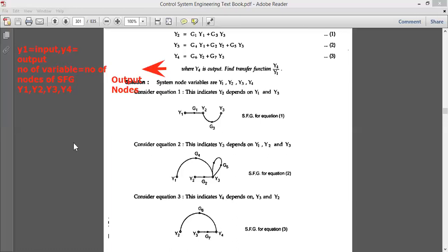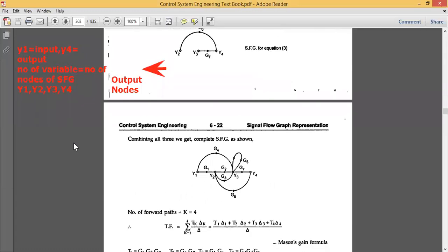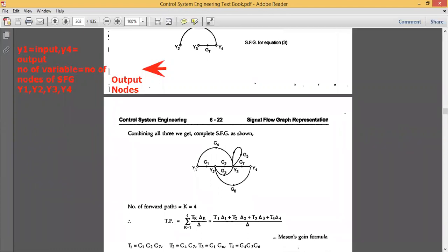Now you should combine all the graphs and draw only one signal flow graph. Here you can see all the points represented, that is y1, y2, y3 and y4. If you draw the single equations, it is also correct.